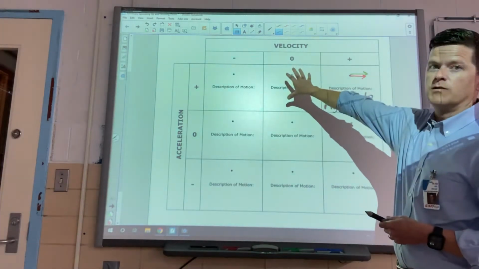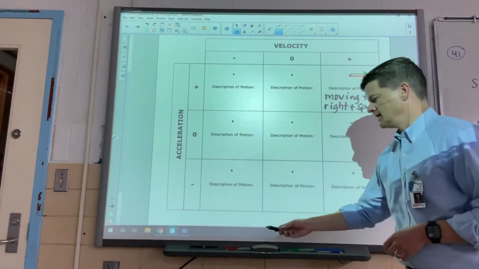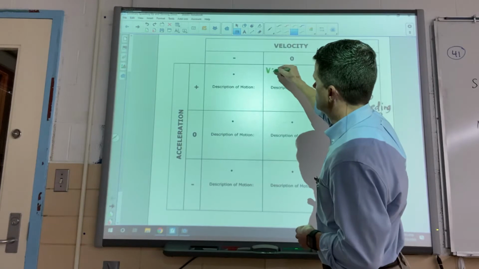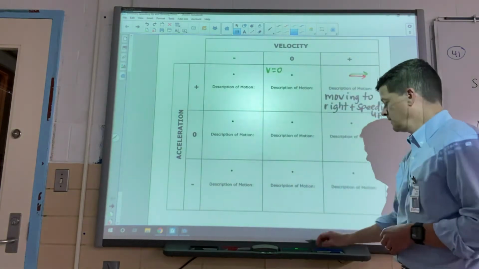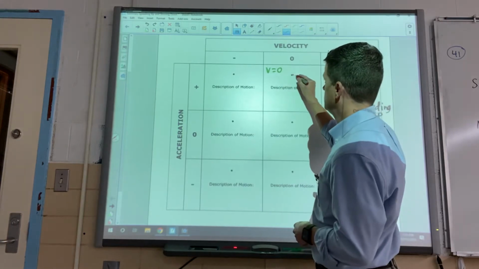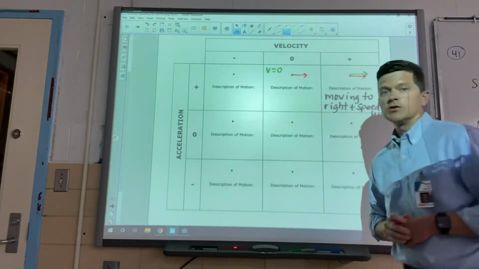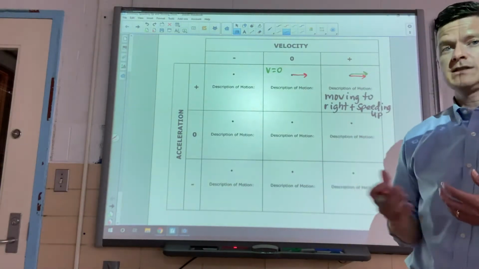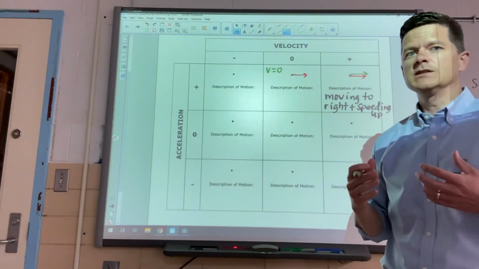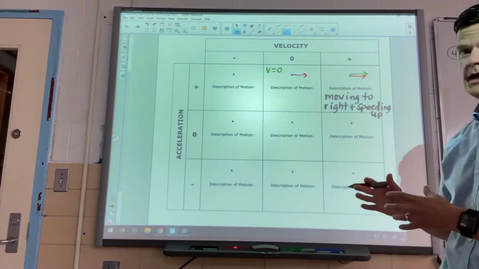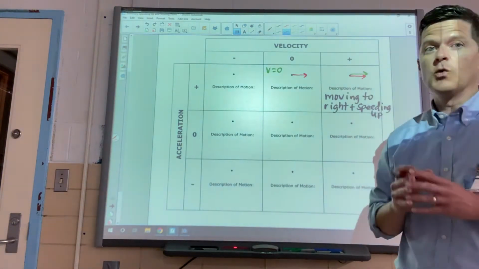So let's move over to the middle here. We have zero velocity. So I'll just write v equals 0, no vector. And we do have still a positive acceleration. So if this were our object, zero velocity means it's not moving. If it's going to accelerate to the right, that means it's going to speed up from rest to the right. This would just be one instant in time.